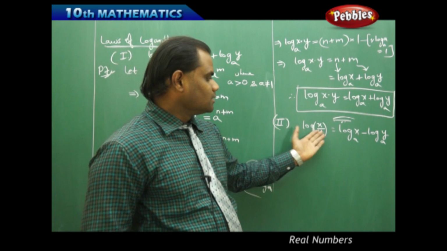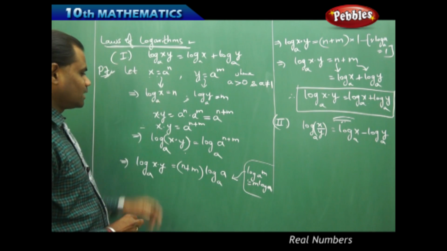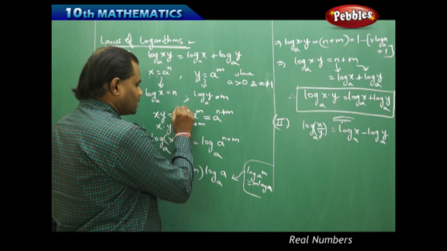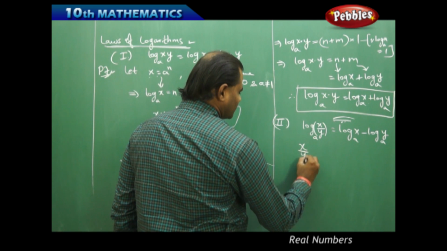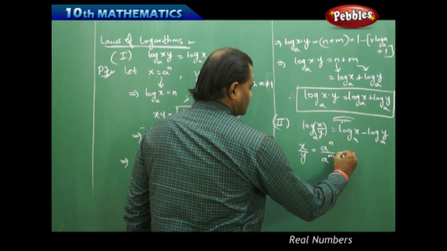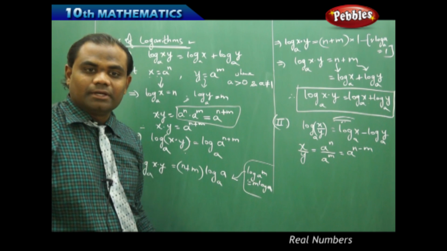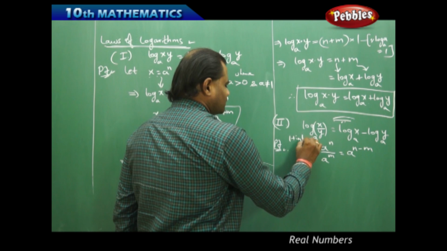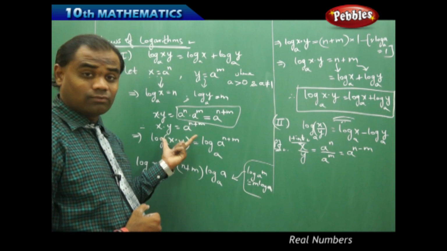Similarly, this can also be proved, and it's quite easy because in the earlier case I used the condition a power m into a power n is a power n plus m, but in this case, when I take x by y, I get a power n by a power m, which comes as a power n minus m, the rest of it being similar. So this is the hint I can give in understanding this proof, as similar to proof 1.